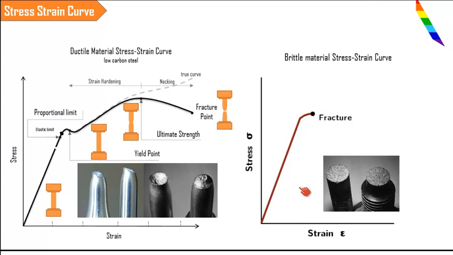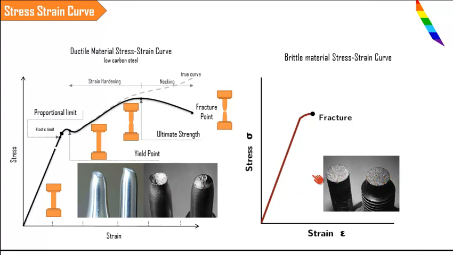If you look at the images of the specimen after the tensile test, you can see how the breakage has happened. Here you can easily see a cup and cone type of formation. I told you that after the necking, it is going to fail, and after the failure, the material will have this particular cup and cone formation. Easily you can see a cup like structure here and a cone like structure here, but this kind of change in cross section or cup and cone formation is not visible in brittle materials.